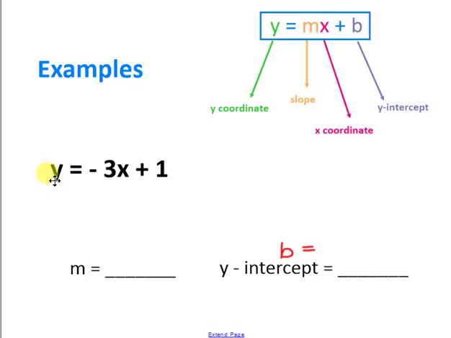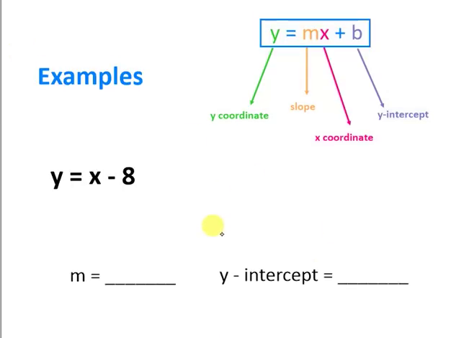So if we look at y equals negative 3x plus 1, the slope is right here in the formula, because the m is right in front of the x. So m equals negative 3, and the y-intercept is at the end, positive 1. So b is 1.